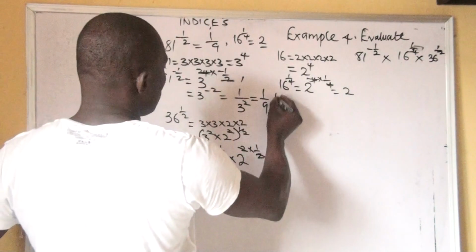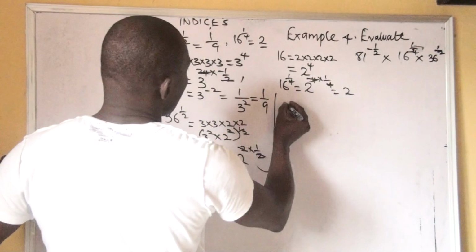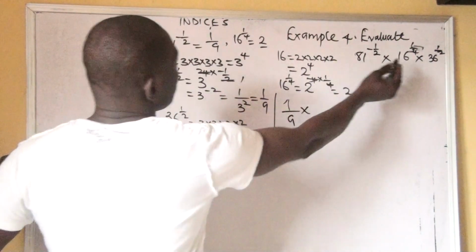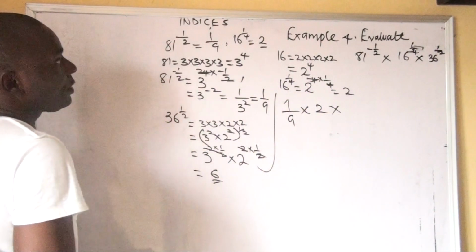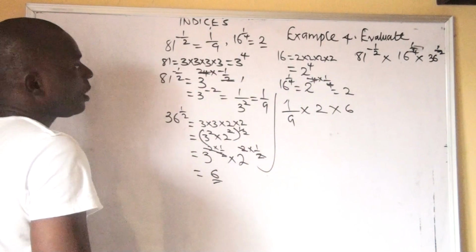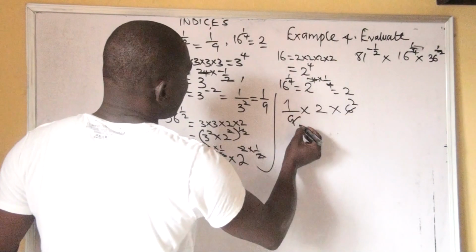What we need to do now, we need to aggregate. In place of this, the answer is 1 over 9. Times, in place of this, the answer is 2. In place of 36 raised to power half, the answer is 6. Okay, let's look at this. 3 here is 2, 3 here is 3.